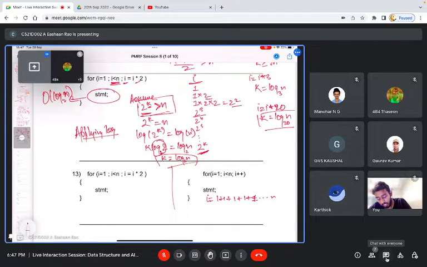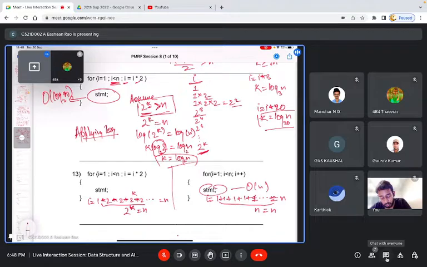Here the I value will be 1 into 2 into 2 into 2 into 2 till the point it is equivalent to n. We assume that it is happening for k times, so we'll say 2 raised to k equals n. Here it is happening for n times, since it is incrementing by 1. So here directly we can say that it's order of log of n.